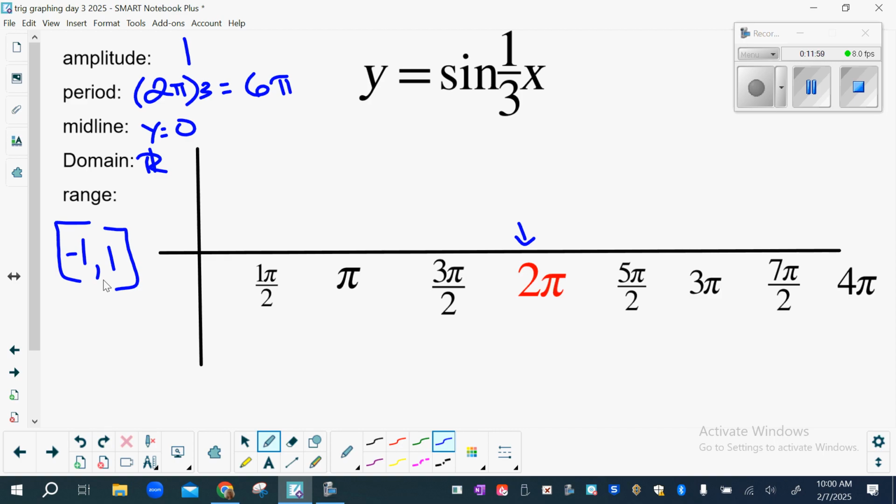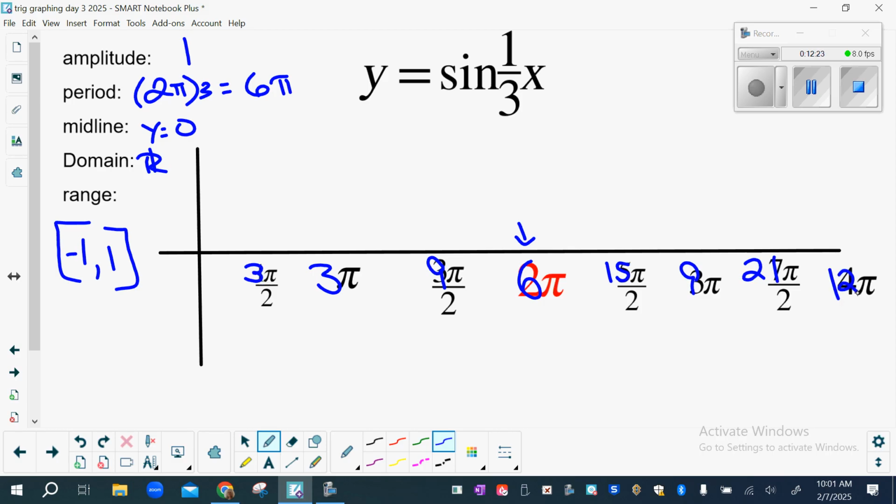Very nice. You guys are totally getting this. Starting at the midline. Boom, boom. Oh, no, I've got to change my periods. So I'm timesing by 3. So 3, 9, 6, 15, 9, 21.